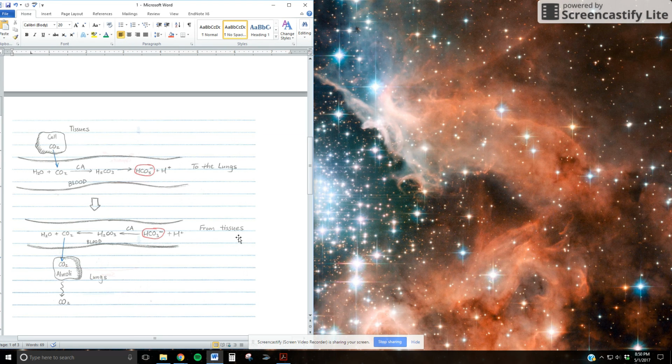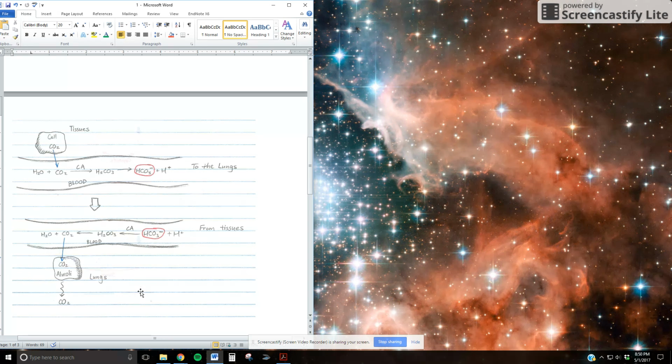Then it comes down here, and from the tissues of your foot or your hand, that bicarbonate comes along, and carbonic anhydrase acts upon it again to produce carbonic acid, which is then converted again into carbon dioxide and water. The carbon dioxide dissolves out of the blood vessel into the alveoli of the lungs and is blown off from the lungs.